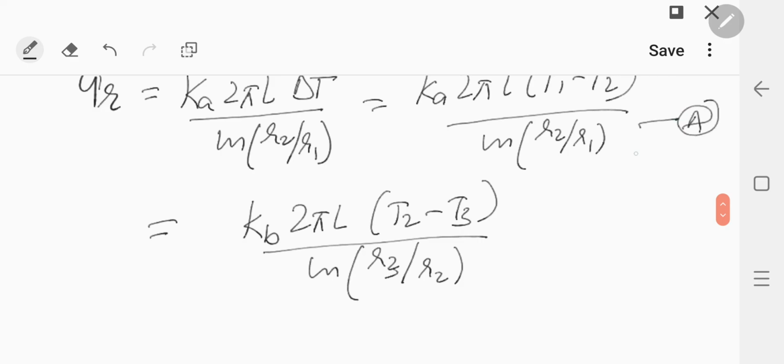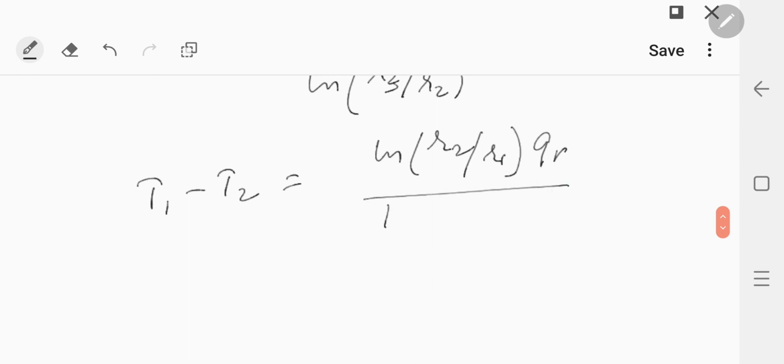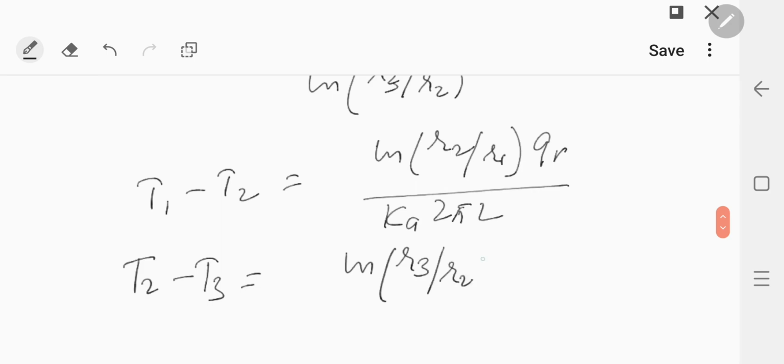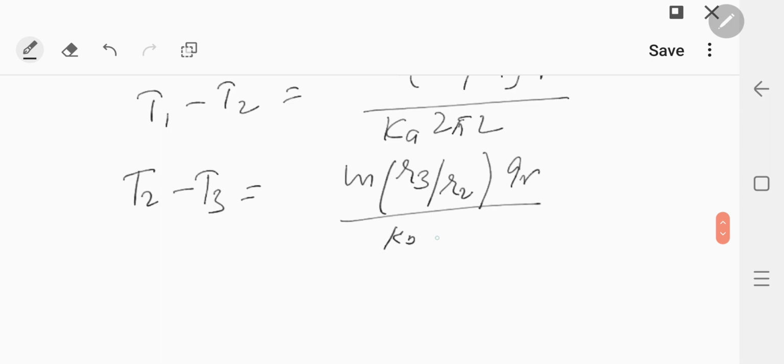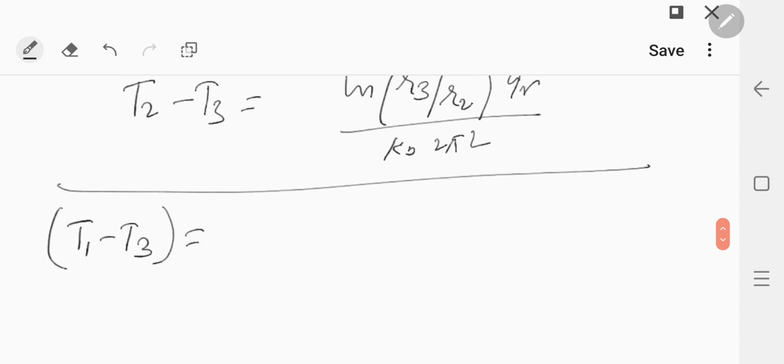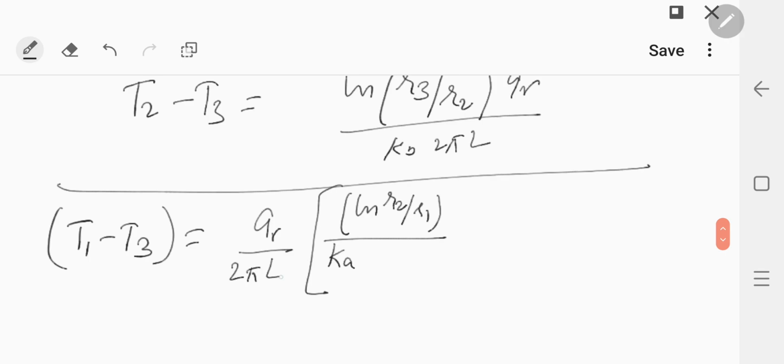So from equation A and from B, if we calculate the temperatures, T1 minus T2 from A will be ln R2 by R1 into QR by Ka 2 pi L, and T2 minus T3 is ln R3 by R2 into QR by Kb 2 pi L. If we add both these equations, we get the temperature difference between T1 and T3, which is QR taken out, times ln R2 by R1 by Ka plus ln R3 by R2 over Kb, with 2 pi L as constant.